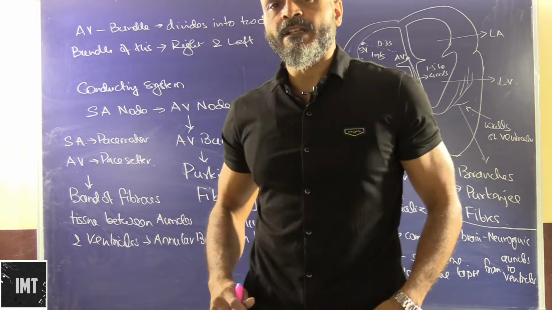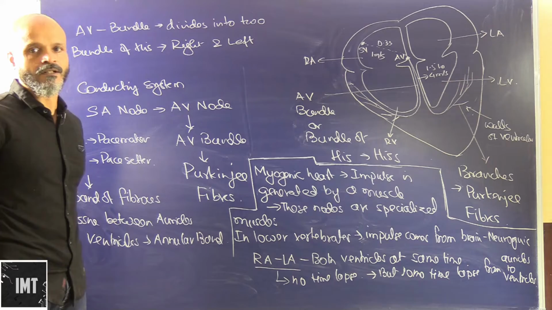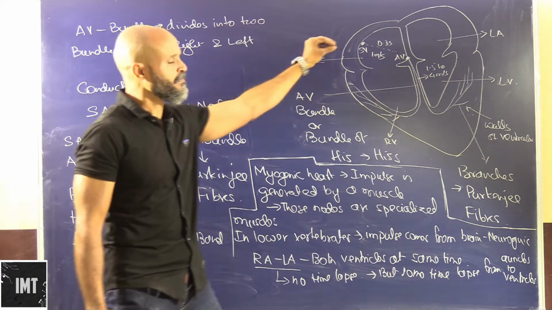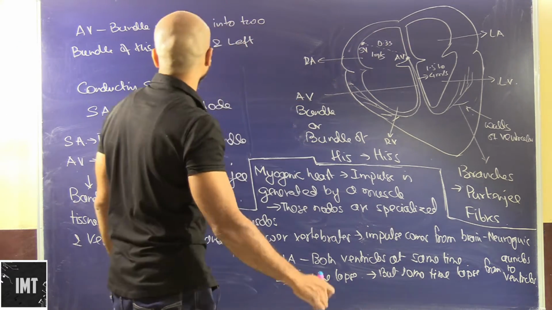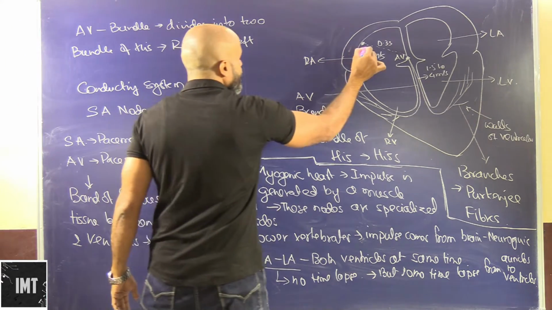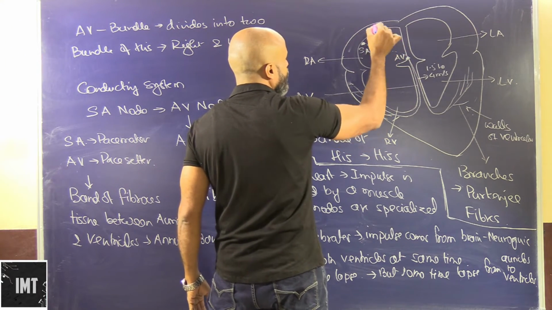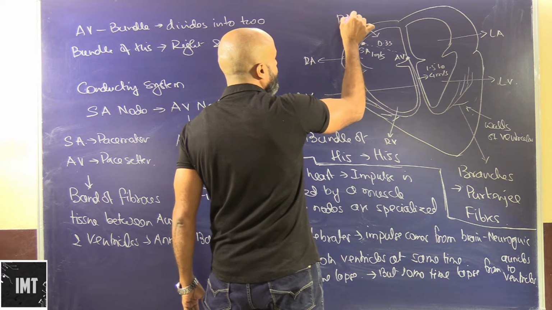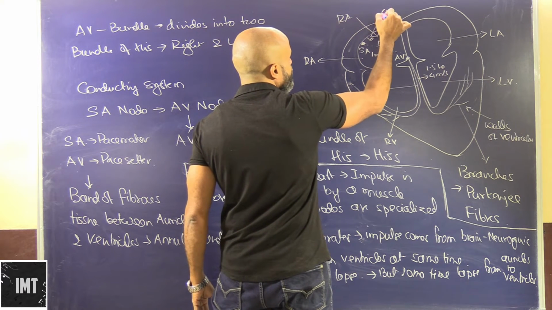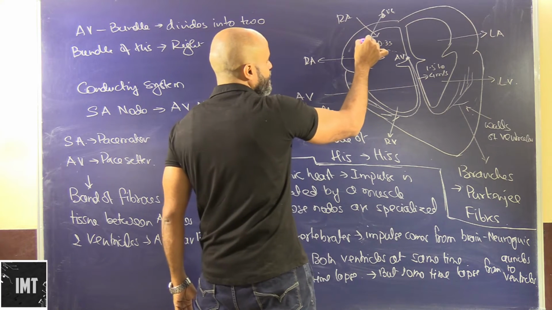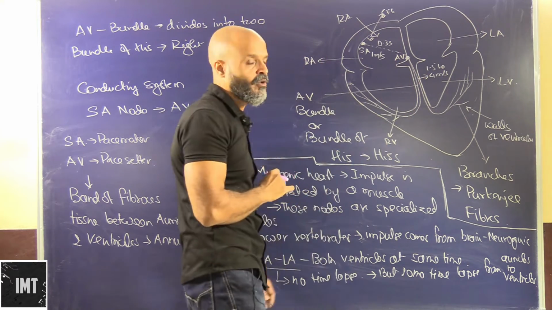Alright people, so we will now discuss how the rhythmic impulse generated from the sinoatrial node passes on. Here is the sinoatrial node, located in the top right hand corner of the right atrium, very close to the superior vena cava, and it generates the electrical impulses which reach the AV node.